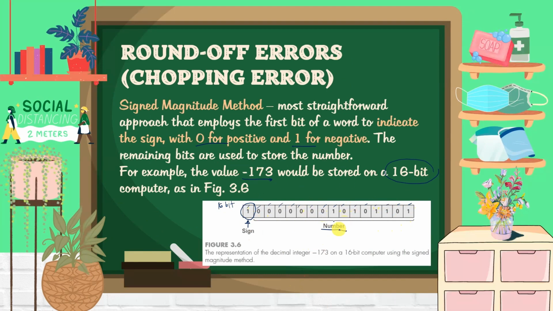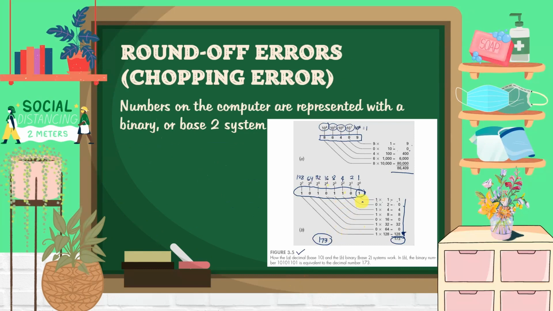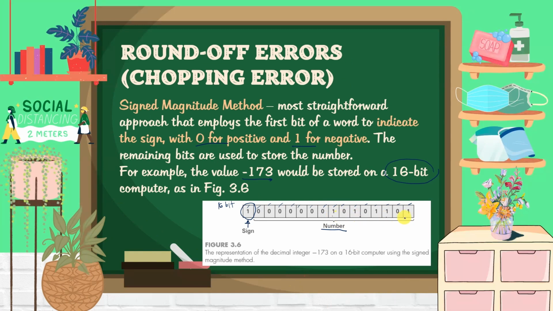So using our previous data, 10101101, which has a value of 173, and 1 is for negative and 0 is for positive. So, dahil negative 173 yung i-store natin, we will have here a 1 value. So meron siyang display, or the decimal integer will be negative 173 in a 16-bit computer using the signed magnitude method.